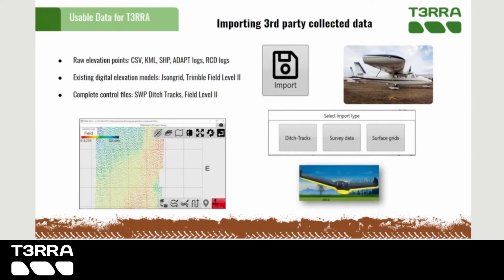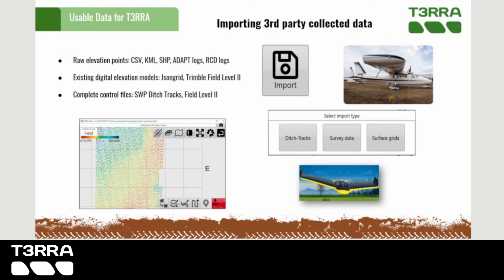Terra can utilize elevation data files from an external source. Various file formats are supported, which include elevation data collected with drones and LiDAR data collected by aeroplanes. The usable elevation data is broken down into three types. Raw elevation points, which can be imported as a CSV, KML, shapefile, or John Deere adapt log and RCDs.